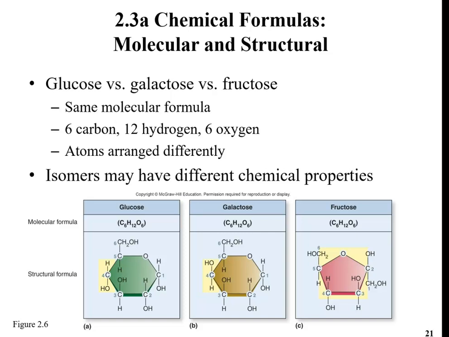They all have the same molecular formula, C6H12O6, but their atoms are arranged differently. So here, between glucose and galactose, you'll notice this carbon has a hydrogen above it and a hydroxyl below it, whereas this carbon has the hydroxyl above it and the hydrogen below it.